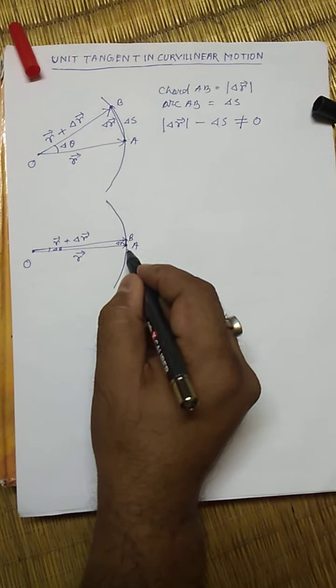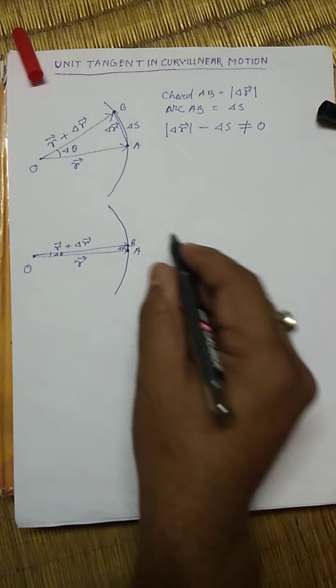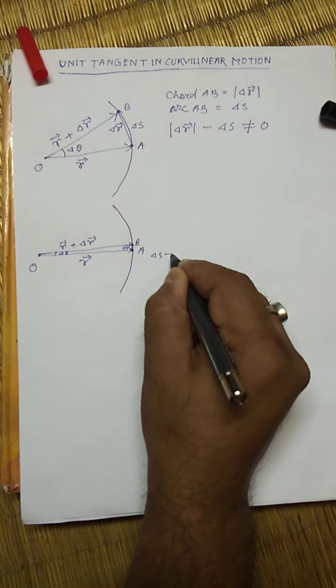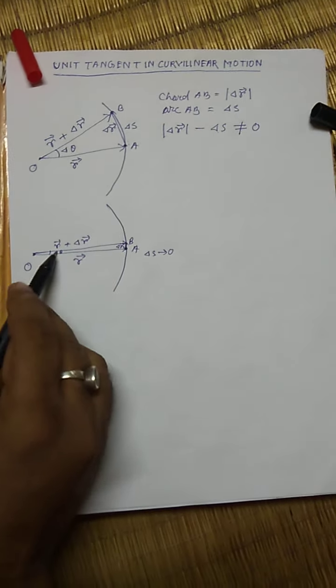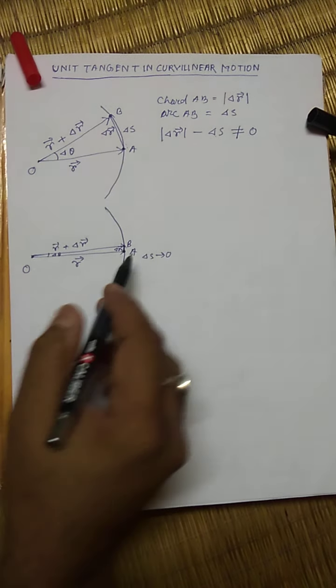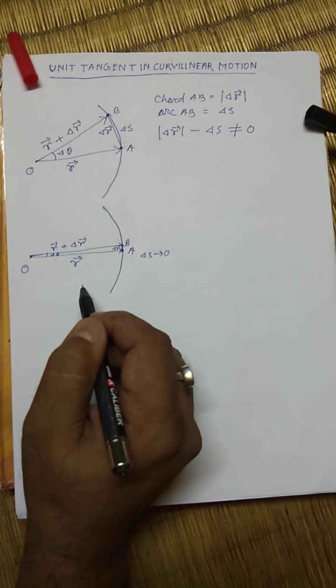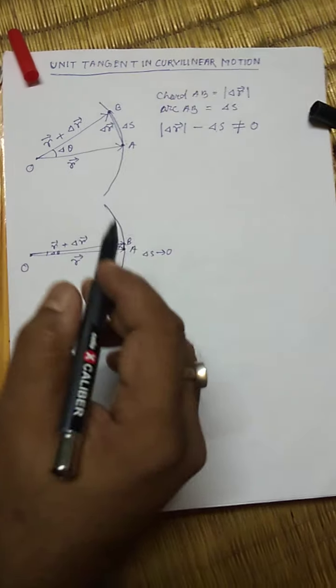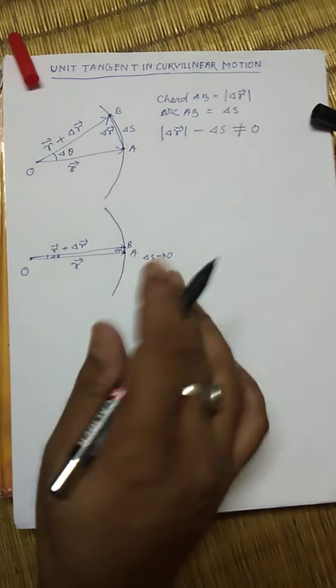Here delta s tends to 0. And so delta theta, by which the curve curves, also tends to 0.